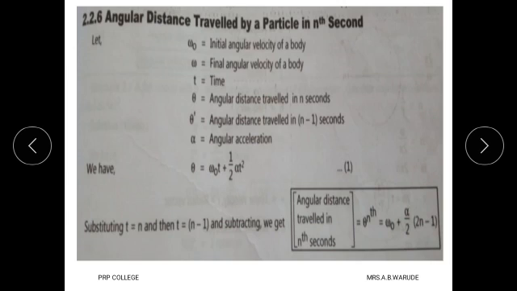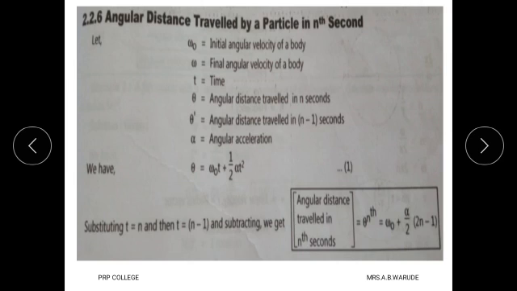Then how do we write the angular distance traveled by a particle in the nth second? For that, again consider omega 0 is the initial angular velocity of the body, omega is the final angular velocity of the body, t is time, theta is the angular distance traveled in n seconds, theta dash is the angular distance traveled in n minus 1 seconds, and alpha is the angular acceleration.